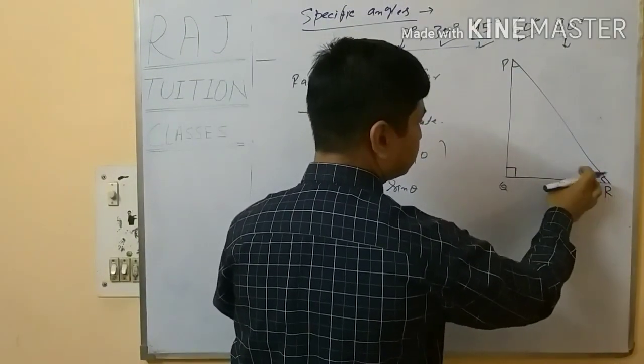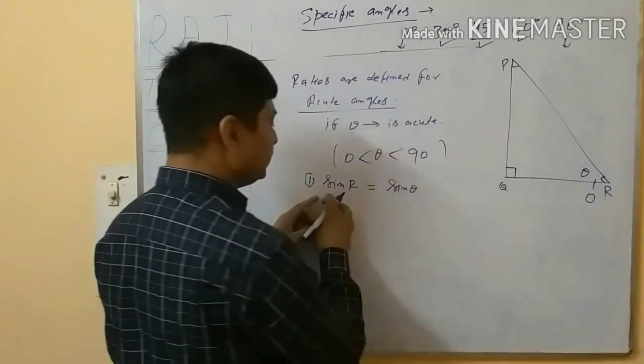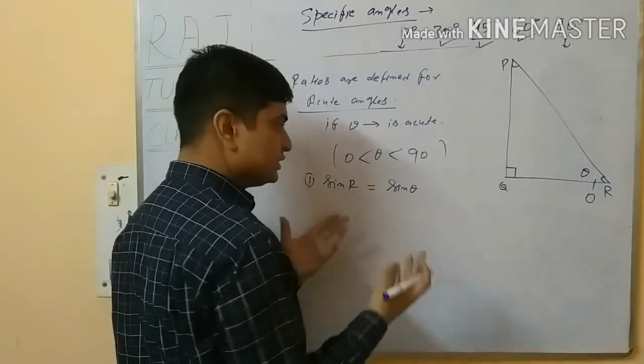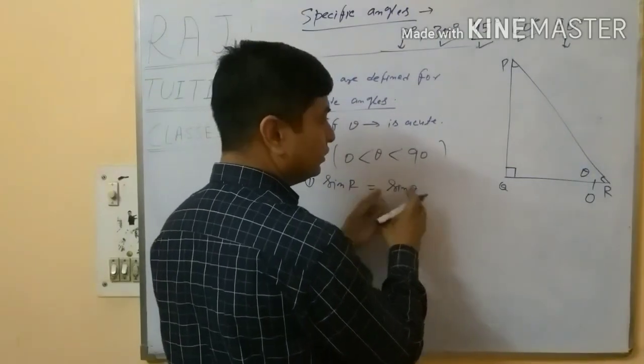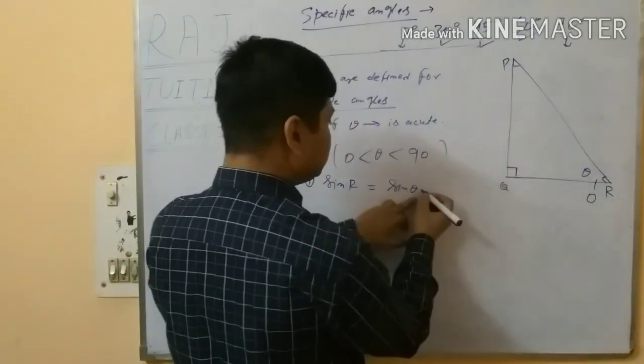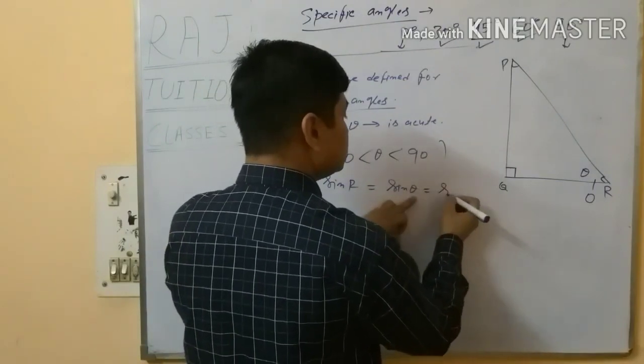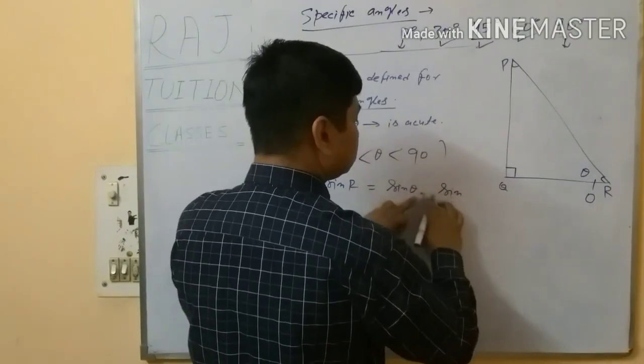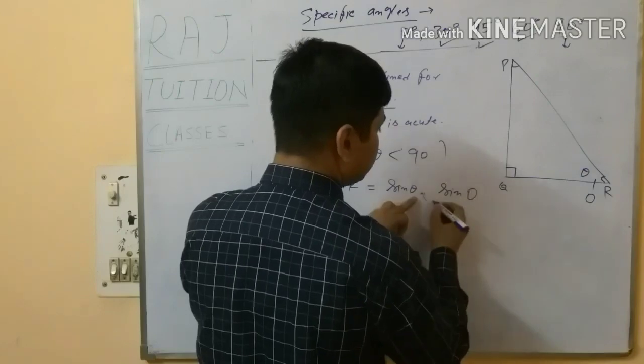I have mentioned theta here. So I can write sin R, same thing. I can write sin theta, no matter, I can write anything. But I'm just going to find out sin 0. What is my task?